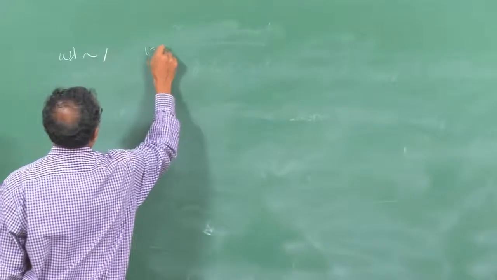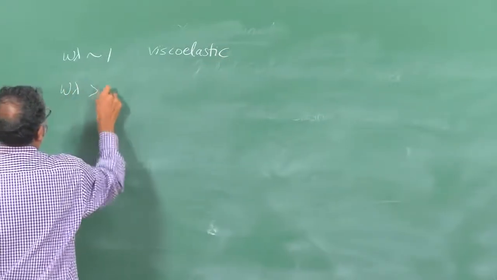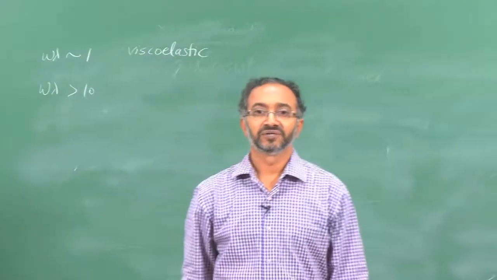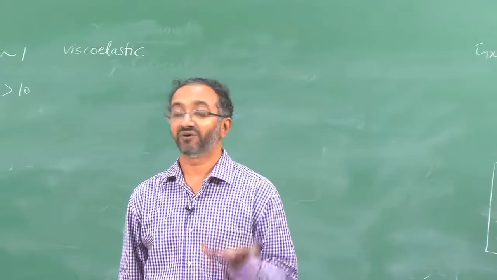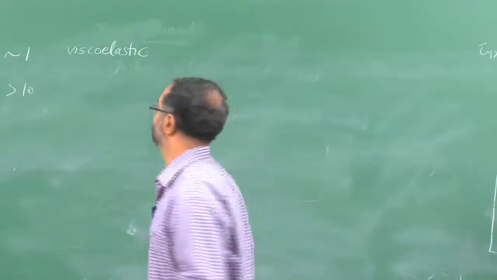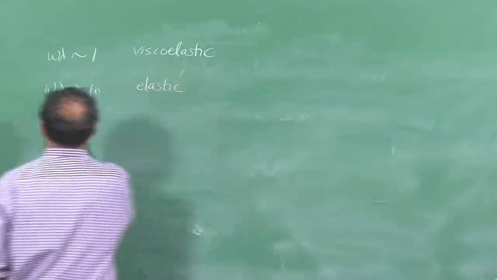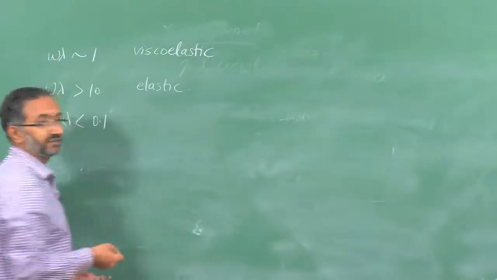So, we know that when omega lambda is equal to 1, the material is viscoelastic. If omega lambda is, let us say, greater than 10, only elastic response, right. So, in fact, even if I apply 10 times the crossover frequency, I already see only elastic response. And similarly, if omega lambda is less than 0.1, then I see completely viscous response.